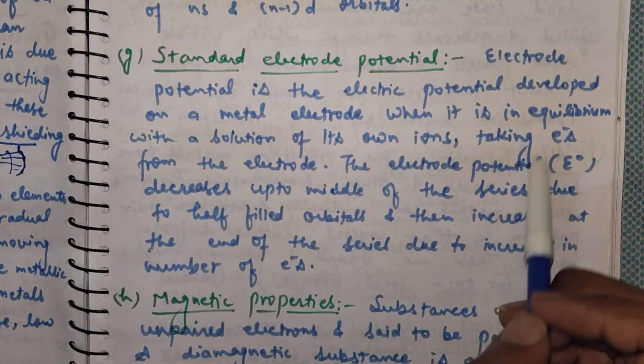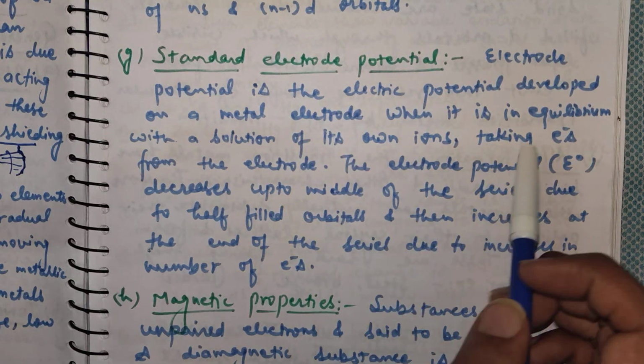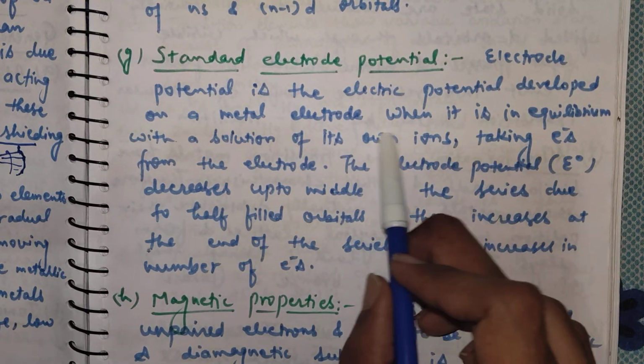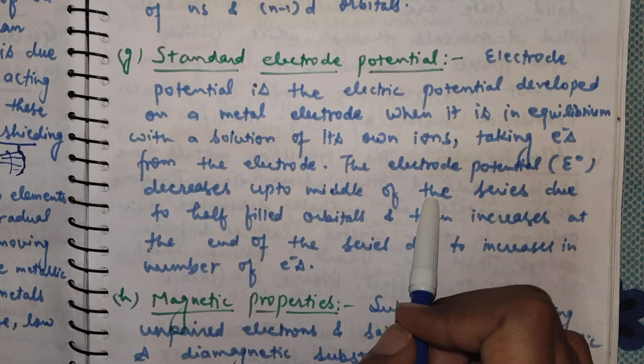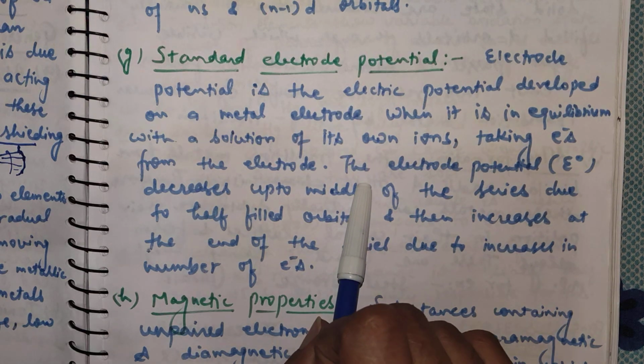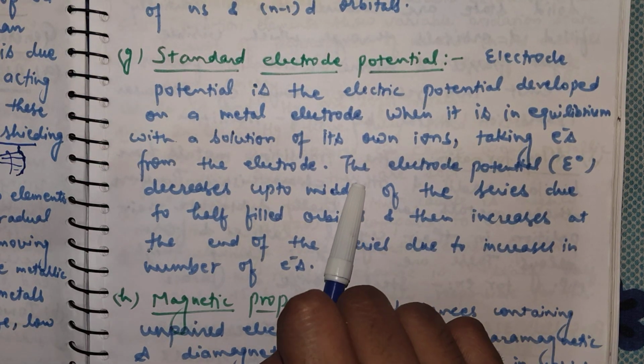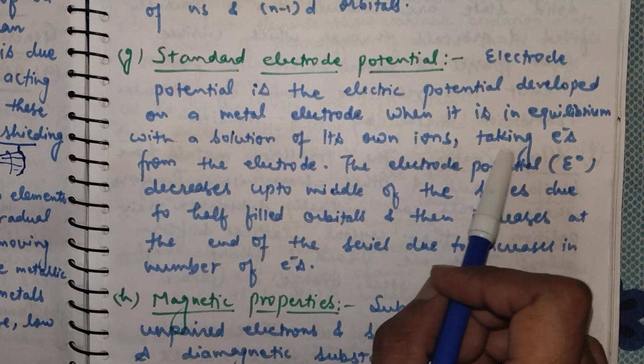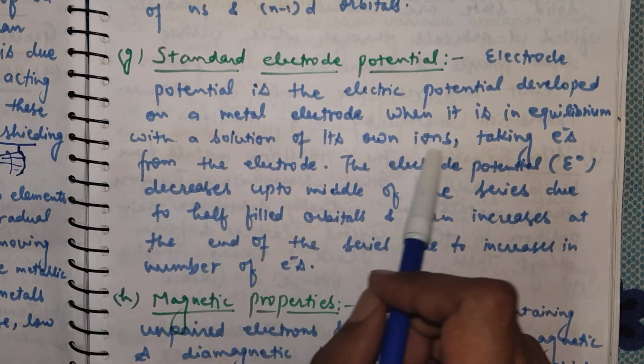The metal electrode plates are used in the two half cells, and electrons move from one metal to another, creating a potential difference between them. So this is the reason for standard electrode potential, because an electron transfer process takes place in it.